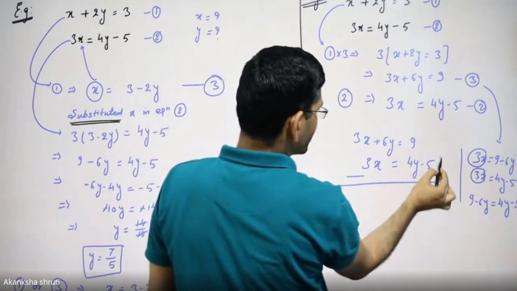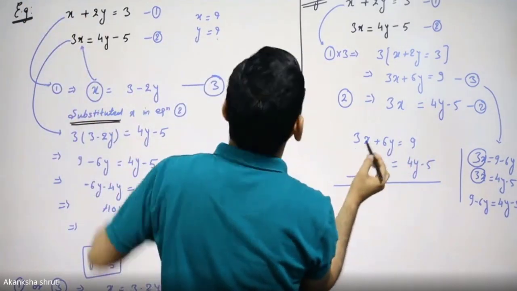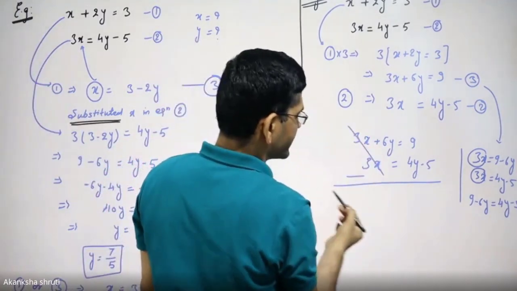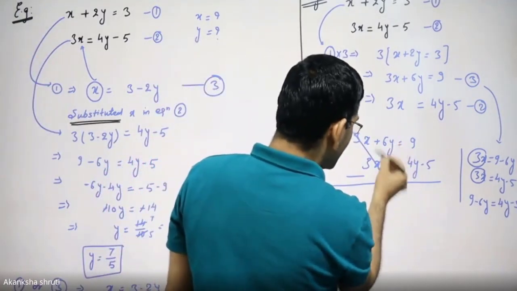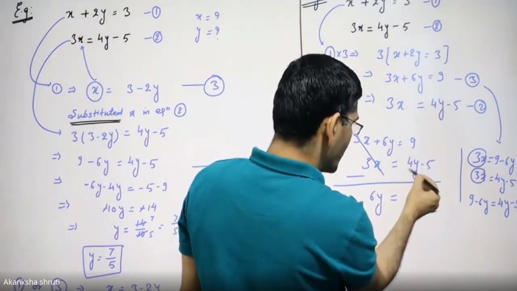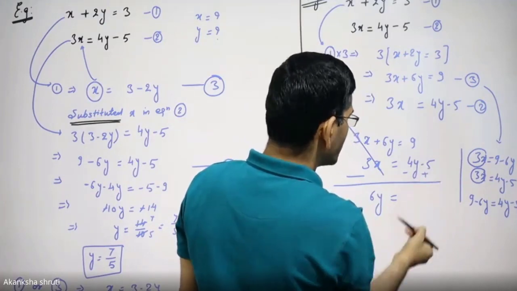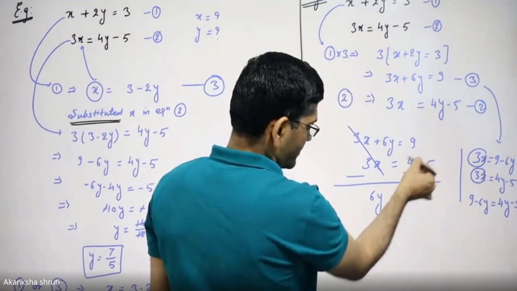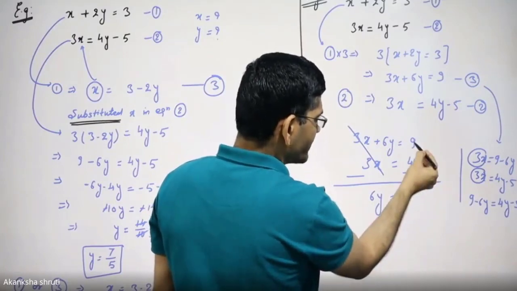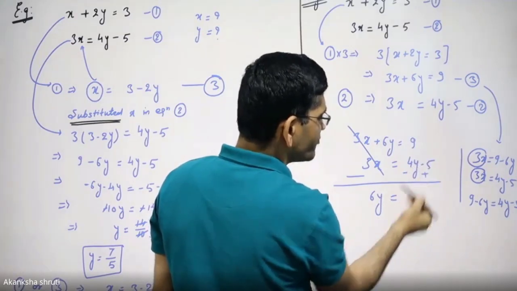Therefore, from the left hand side you will observe this 3x is getting cancelled. But still in left hand side we have this 6y. But in right hand side also you have to subtract. It means change the sign. For the second terms in right hand side also, it becomes 9 minus of 4y plus of 5.